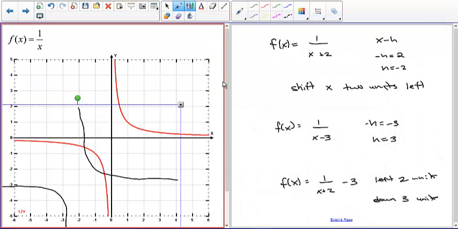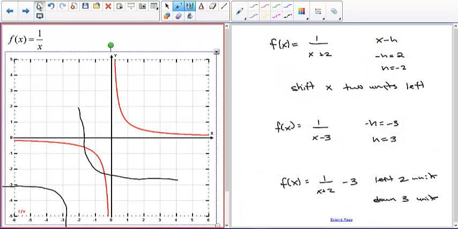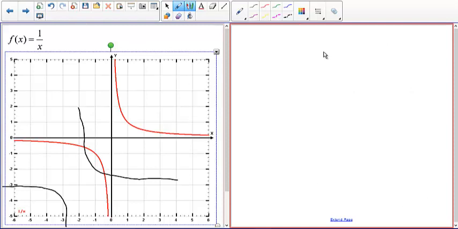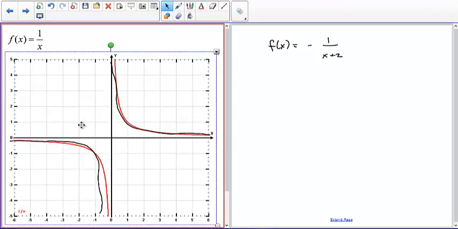So what I'm going to do is let me add a page here. So if I were to have the function equal to -1 over x plus 2, I'm just going to do it without any y-direction translation.